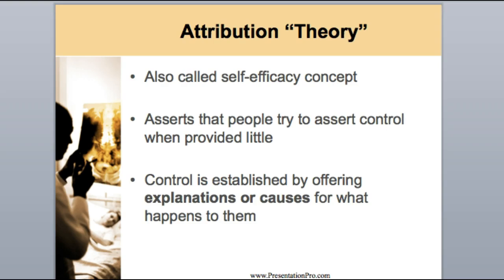So, attribution theory, also called the self-efficacy concept, is not an official theory, but some refer to it as a theory, but it's more of a concept. It asserts that people try to assert control when they are provided with very little control. Control is established by offering explanations or causes for what happens to them. In this theory, clients perceive themselves as having very little control over what's going on with them, such as a diagnosis of breast cancer or a diagnosis of HIV.